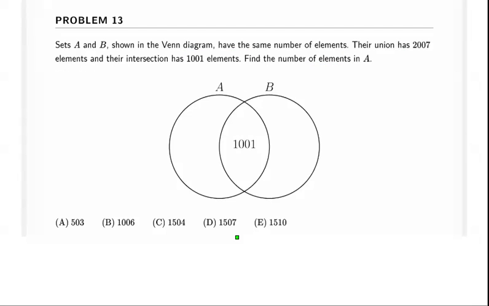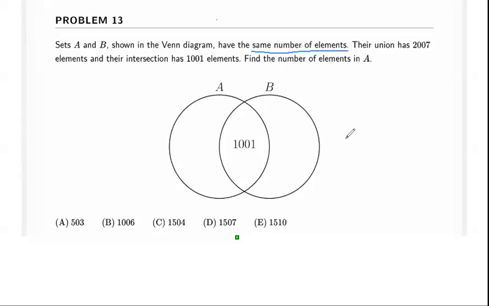I'll move on. The question is telling us the sets A and B, given as a Venn diagram, have the same number of elements. Which means the number of whatever is in the circle is the same as the number of whatever is in the second circle.